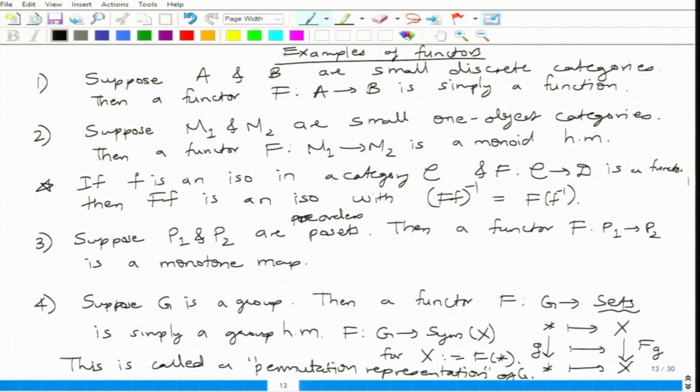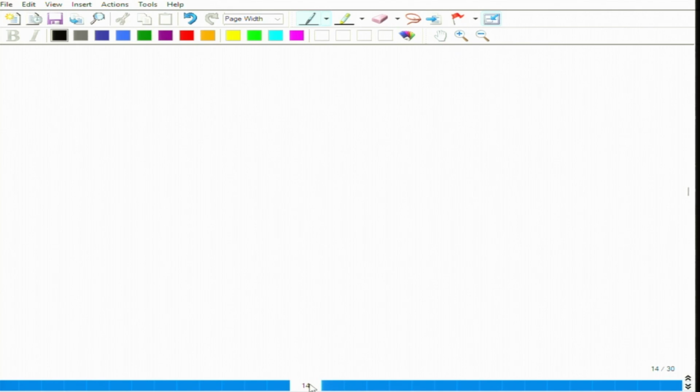Now, if I change the category of sets to something else, I am going to do that on the next slide. So, a functor, still in the same example, a functor F from G to, let us say, R vector spaces.